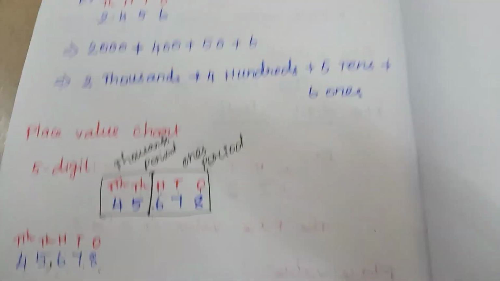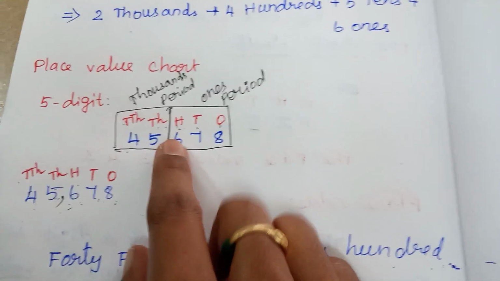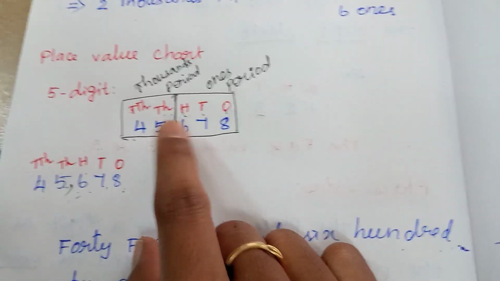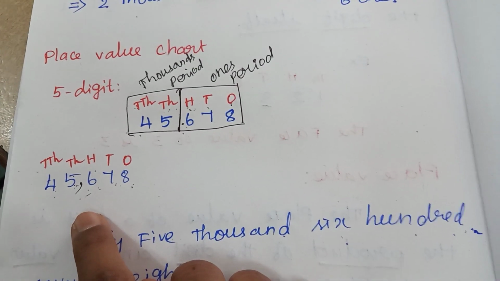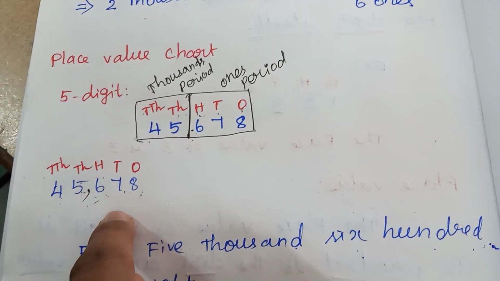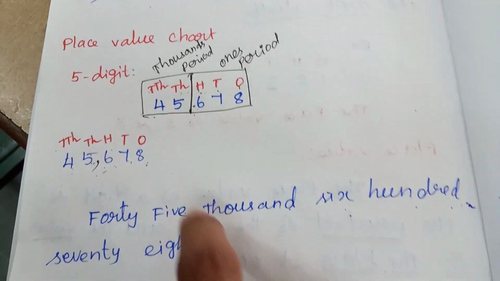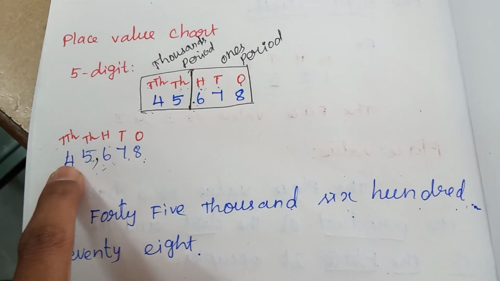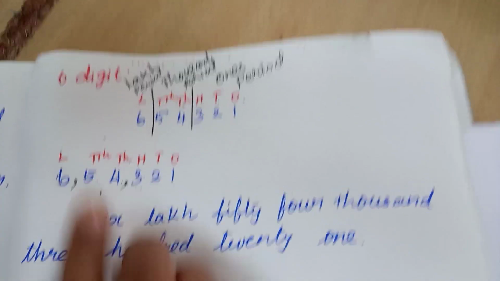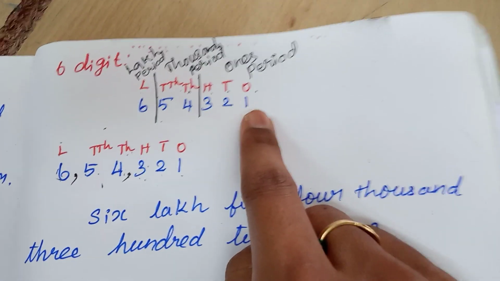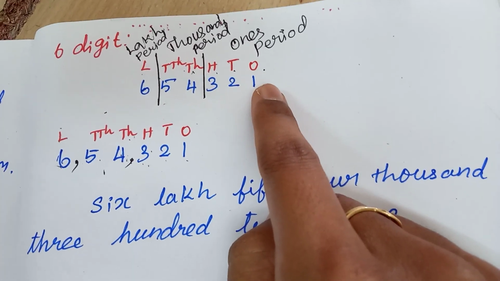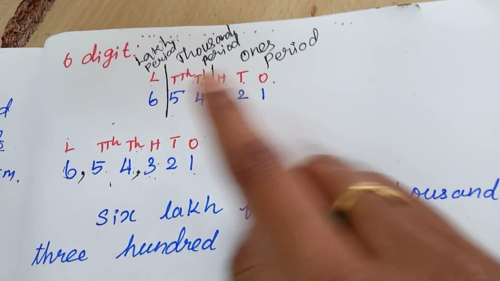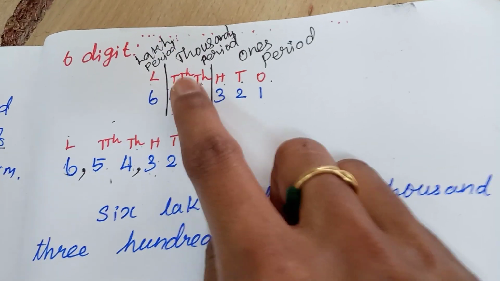Last is the place value chart. This is a place value chart for 5-digit numbers.